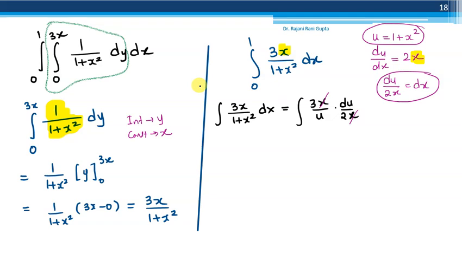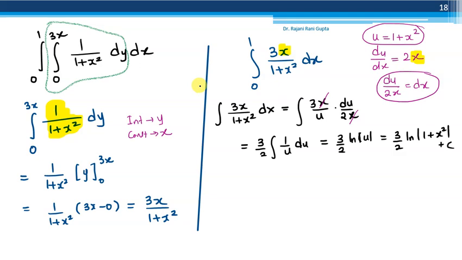So this gives you 3 by 2 integral of 1 over u du, which gives you 3 by 2 ln of u. Now, back substituting the value, it gives you 3 by 2 ln of mod of 1 plus x squared. Since it's an indefinite integral, you should add the constant of integration.